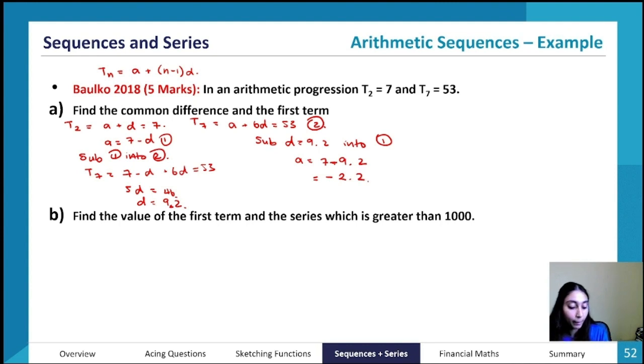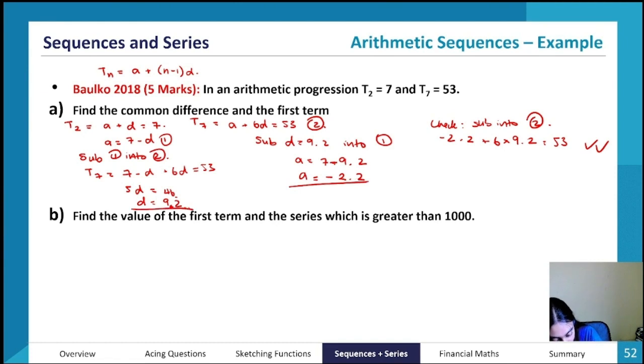Okay, and now my next step is to obviously check. So check by subbing into 2. So I get minus 2.2 plus 6 times 9.2 is equal to 53, which is correct. So my A and my D.